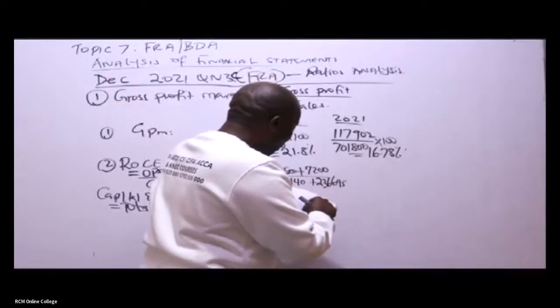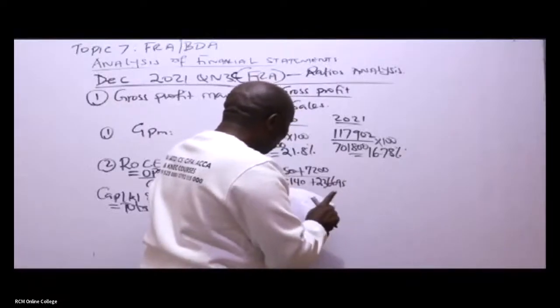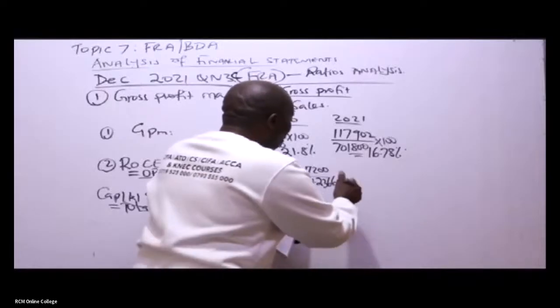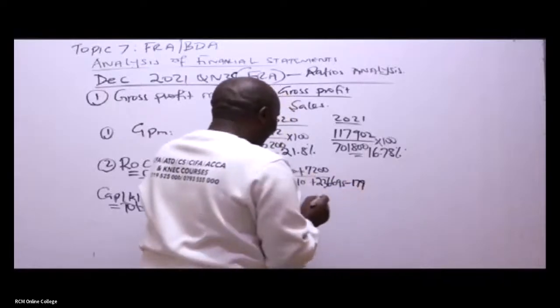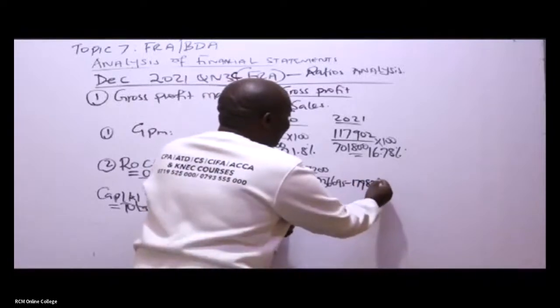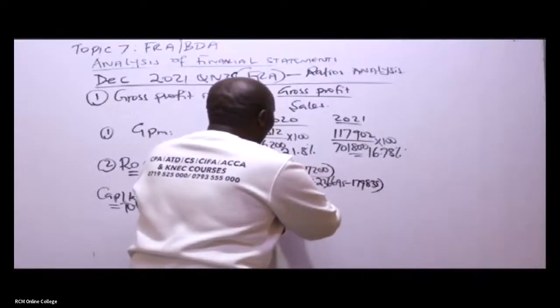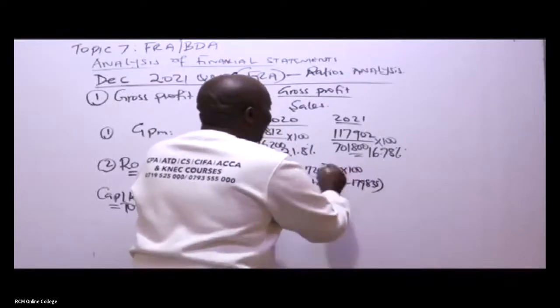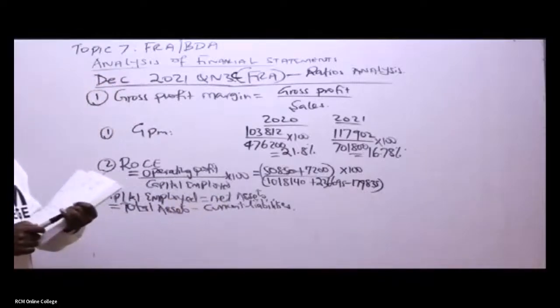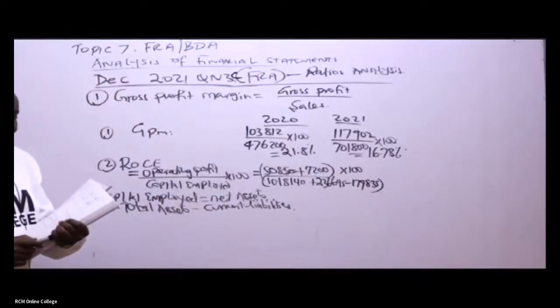Current liabilities for 2020, there are only two: trade payables and current tax payable, totaling 179,835. So whatever you get here, you should be able to multiply with 100. You give me the percentage.